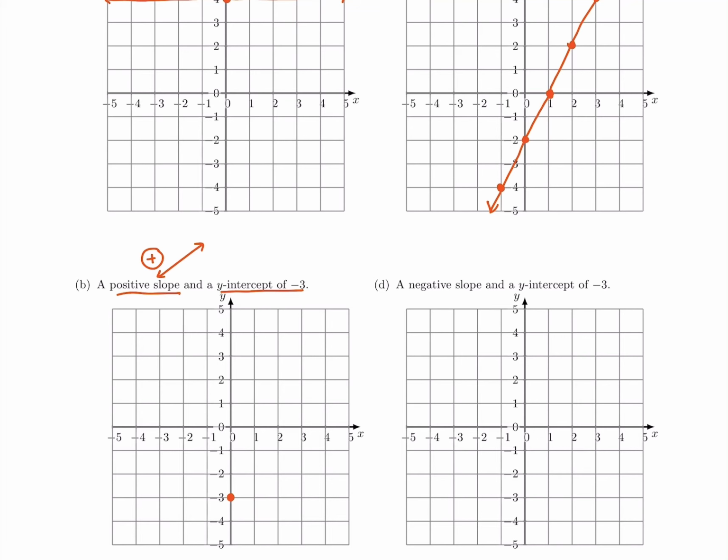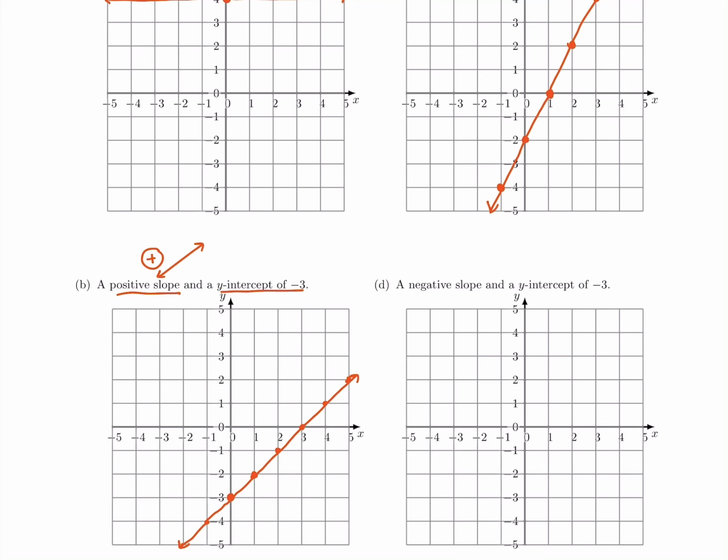So I might just make something with a slope of 1. So it's going to go up 1 as we go over 1. You could choose any slope you want to. Remember, it has to be a line though, so you want to draw a straight line. You could do something a lot steeper, like a slope of 5, go up 5 every time you go over 1. But I just chose to go up 1 over 1. Positive slope, y-intercept of -3.